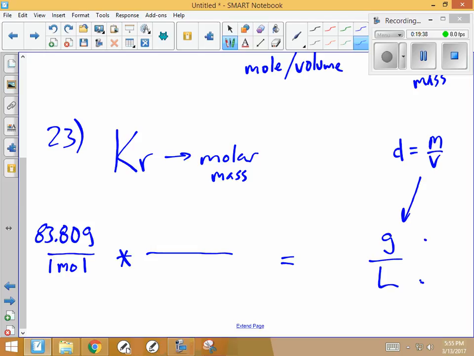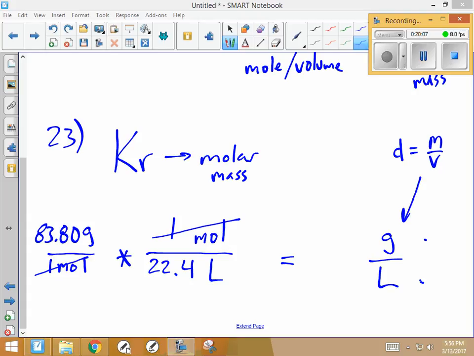I already have grams on top, so I'm good so far. My conversion factor is going to have liters on the bottom and moles on top. 1 mole, and here we go again, standard temperature and pressure. There are 22.4 liters of gas in 1 mole of gas. Moles cancel, I divide 83.80 by 22.4, and I get a density for krypton gas of 3.74 grams per liter.